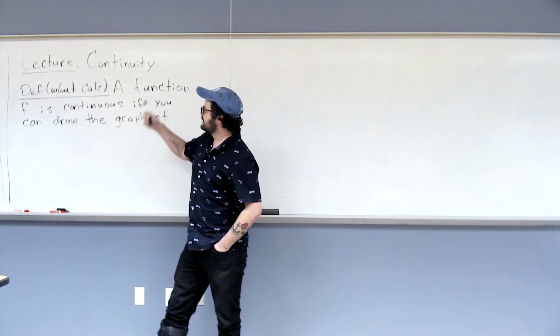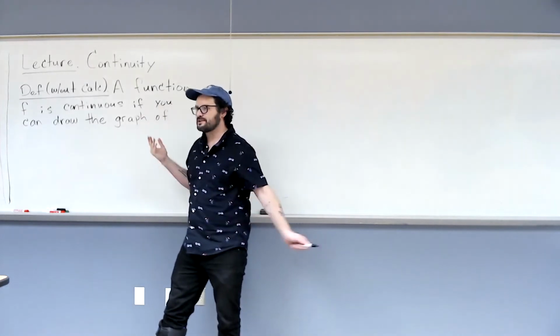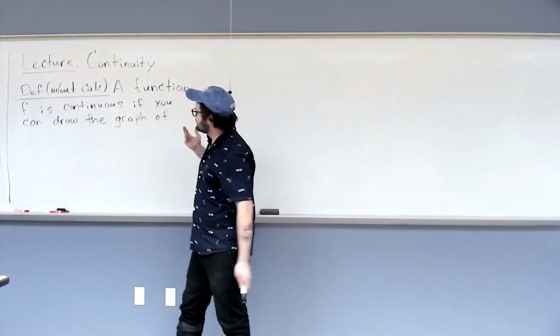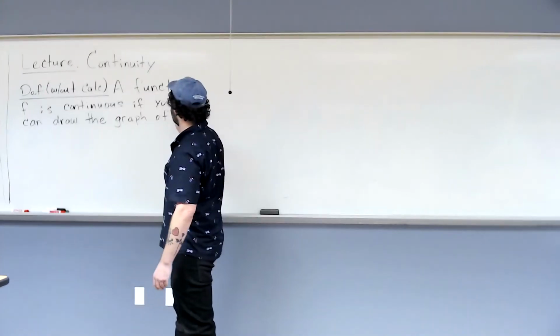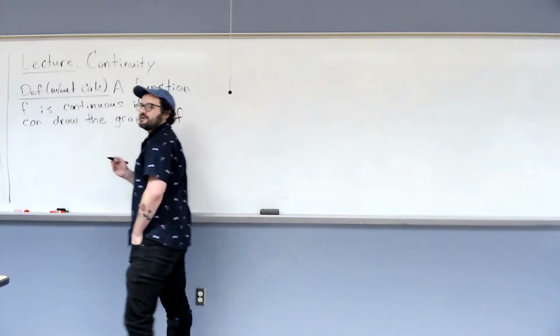All right, so again, that's a definition that I saw in a college algebra textbook. A function f is continuous if you can draw the graph of f without lifting up your pen.